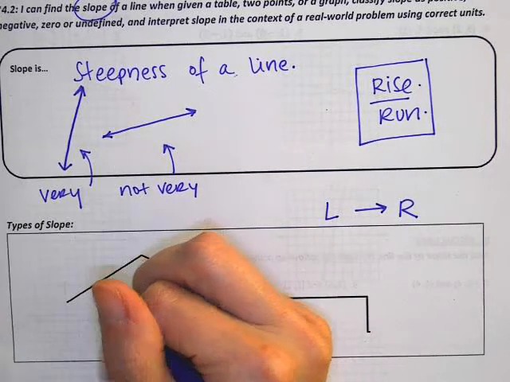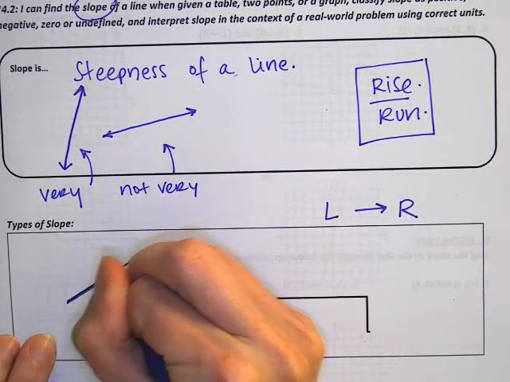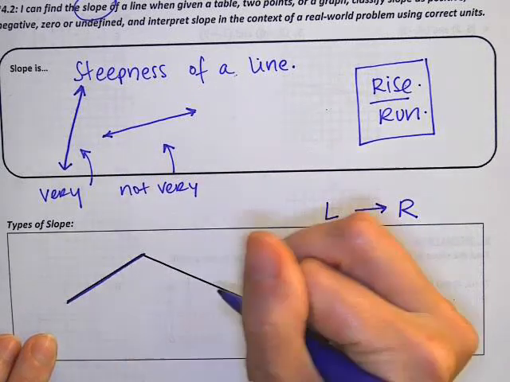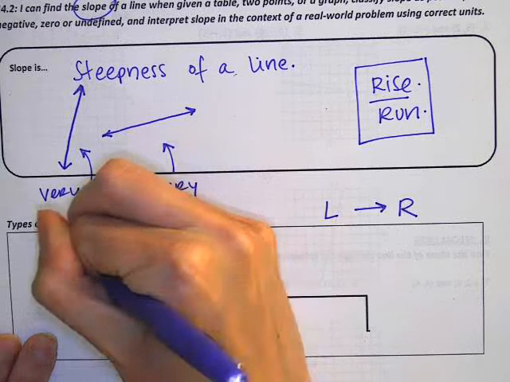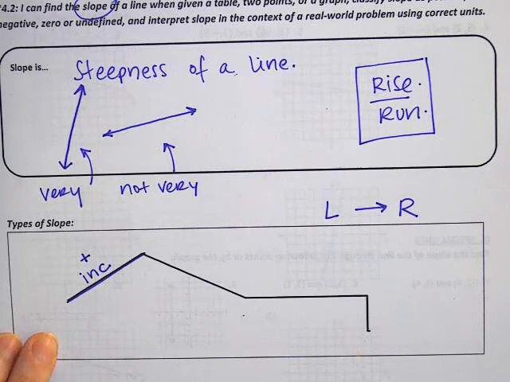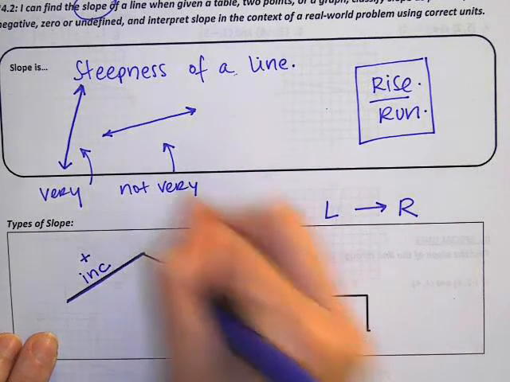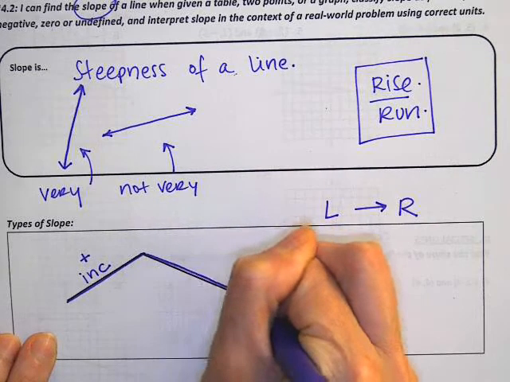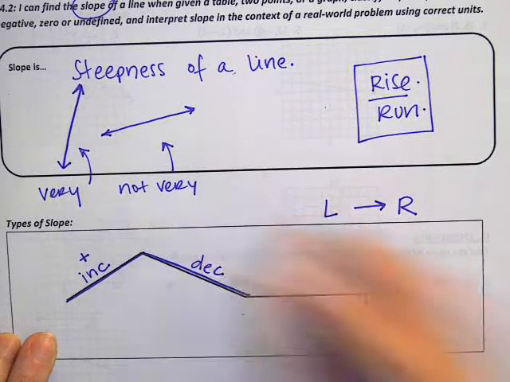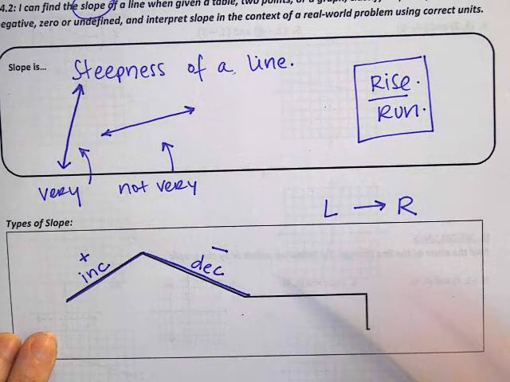So look at this one here. As you're going left to right, the line is going up, so that would be an increasing or positive slope. Now look at this next section here. As you go from left to right, it is going down, so that would be a decreasing or negative slope.